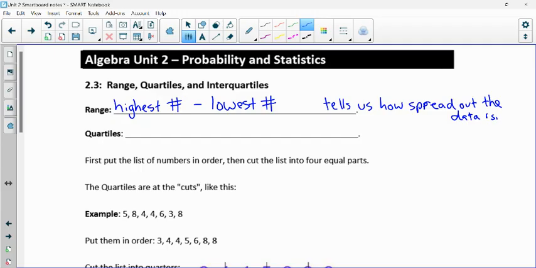And today we're going to be working with quartiles. First five letters of quartile is quart. What does quart mean? Quarter or four, right? So when we talk about quartiles, we're breaking the data into four equal parts.